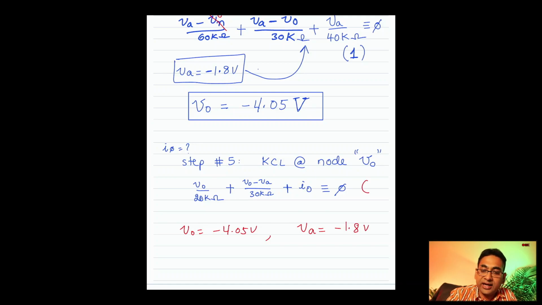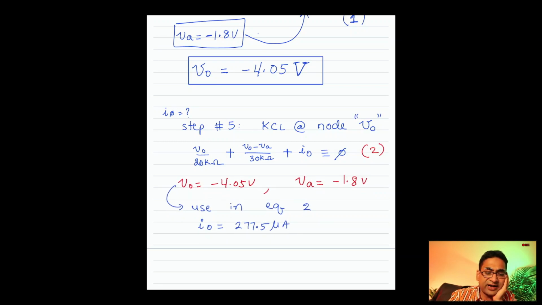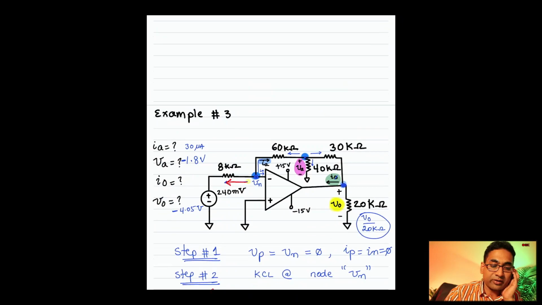So plug these values into equation 2. You should get a value for IO of 277.5 microamperes. You see the idea? The only thing that's different here is we are using KCL a bunch of different times, 3 times actually. So 277.5 microamperes.